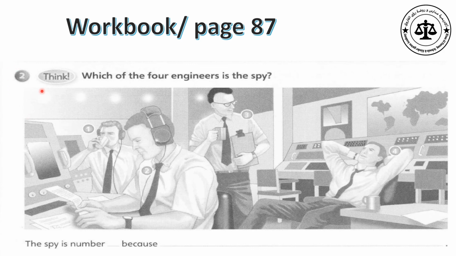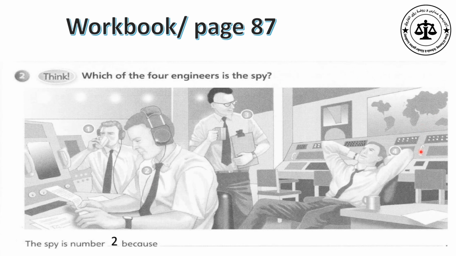And the last exercise today is, which of the four engineers is the spy? In your opinion, we have four engineers in this picture. Which one is the spy and why? What do you think? I think the spy is number 2.